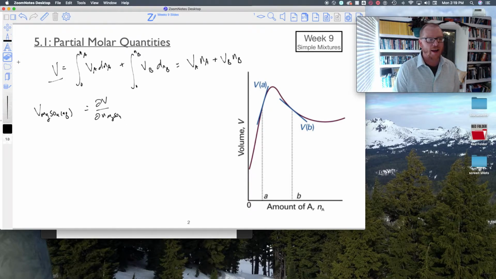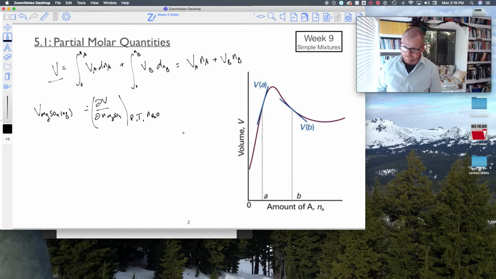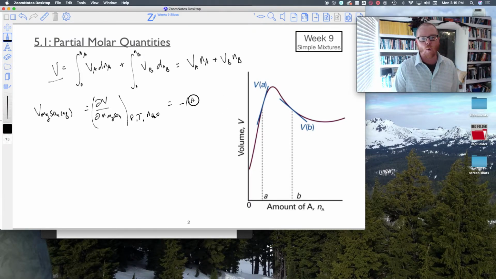I'm going to drop writing that aqueous because what I'm going to write in its place is P, T, and the number of moles of H2O is constant. This is just a really interesting example that I want to bring up here. You actually get a negative number for this one. Okay, so you actually get negative 1.4 cubic centimeters per mole at near dilute concentrations.